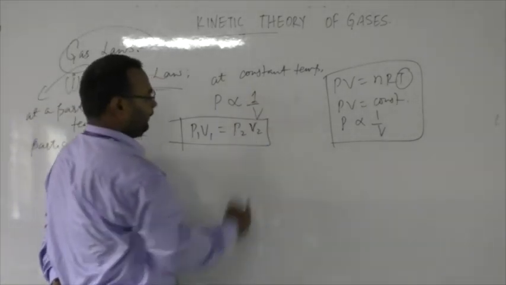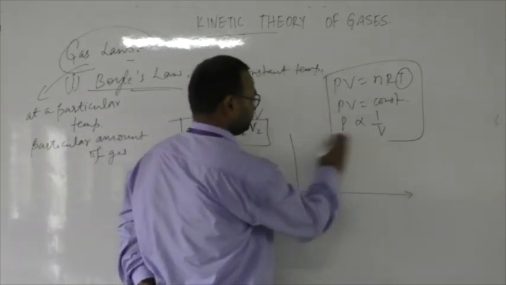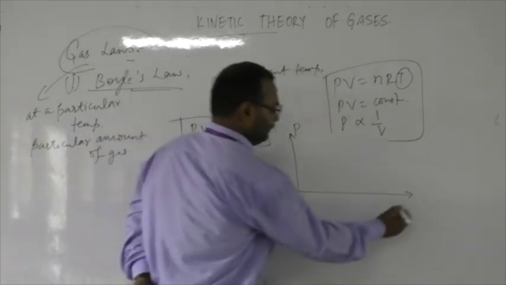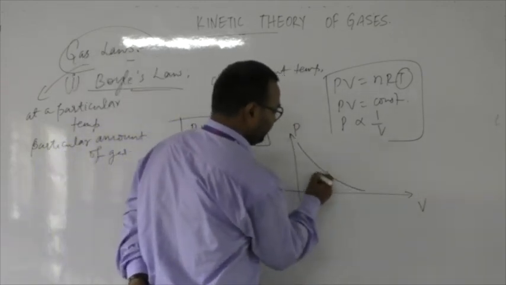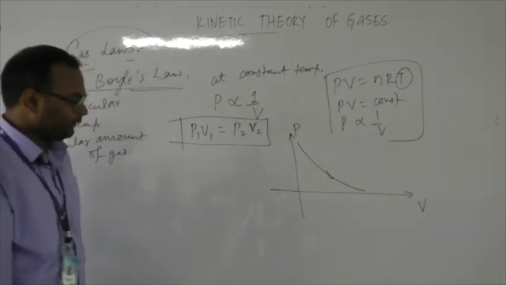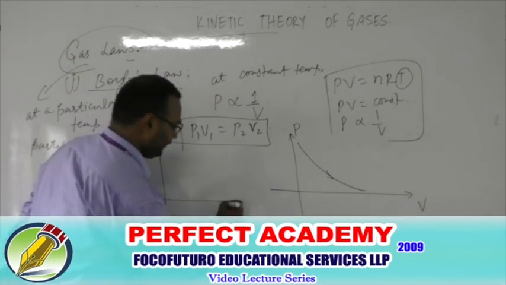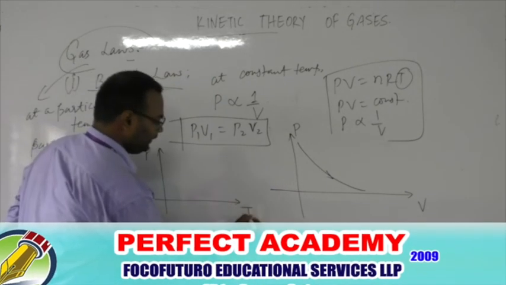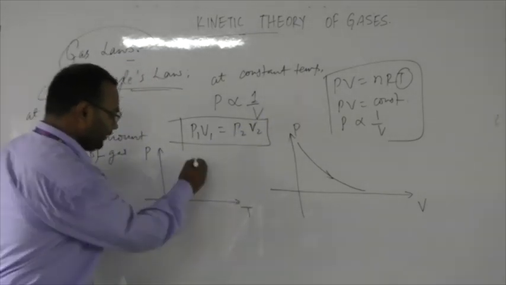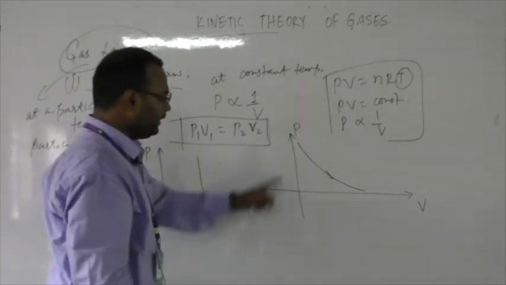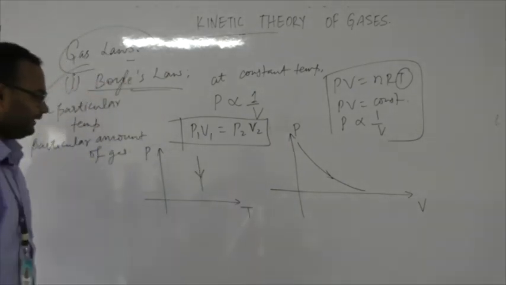Now let's see the graph behavior. When I draw the graph of pressure versus volume, the graph comes like this. This is a rectangular hyperbolic shape. Similarly, for pressure and temperature, we know that temperature is constant, so there will be a constant graph, but here pressure is decreasing, so the arrow will be like this, pressure is decreasing.